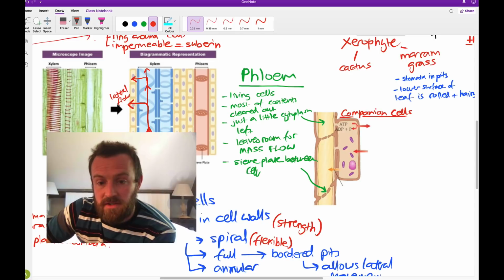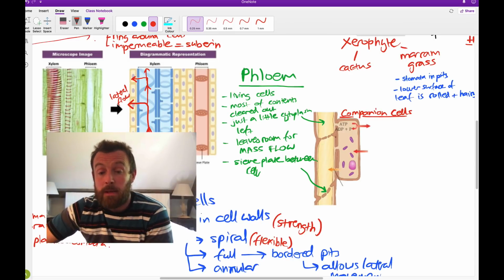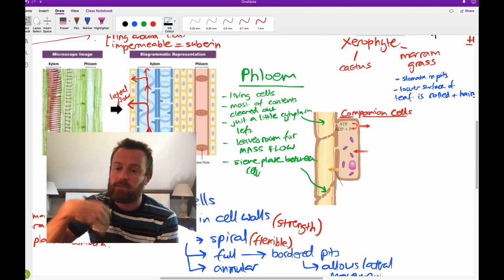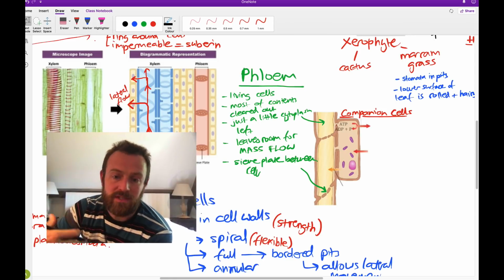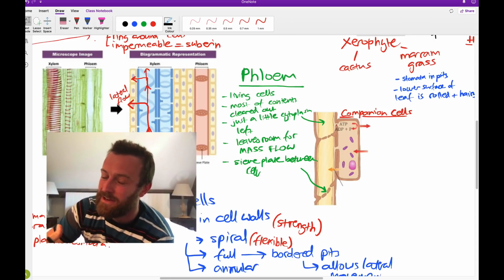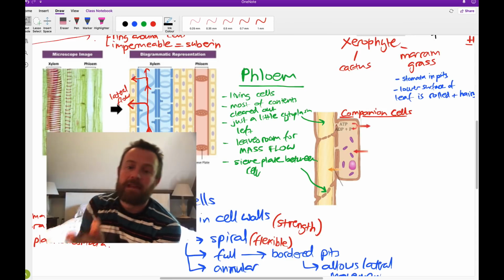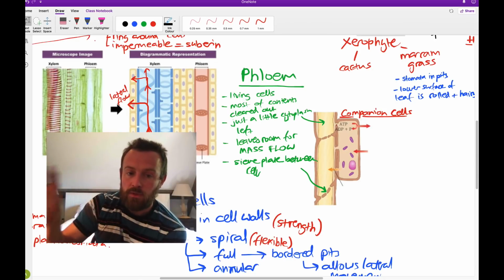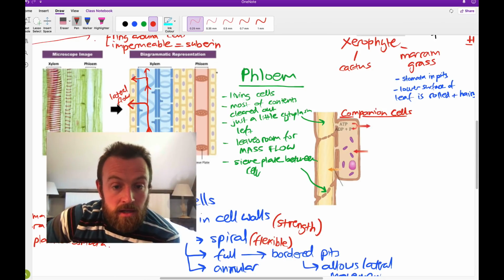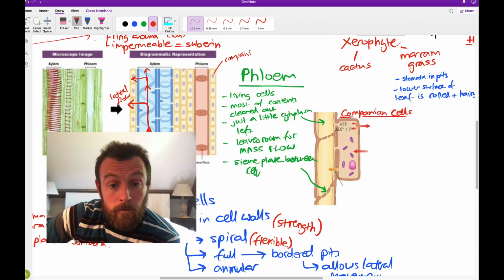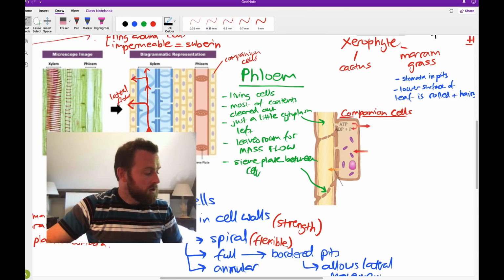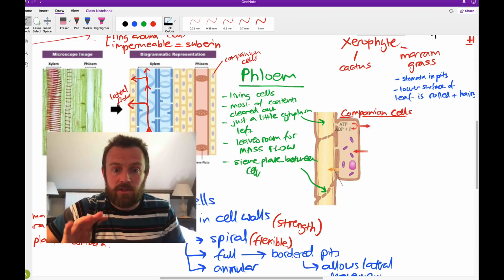The companion cells and the phloem cells are connected by these plasmodesmata. So the companion cells are doing all the protein synthesis, all the respiration, all that stuff to support their neighboring phloem cells. All these cells here, actually around, would be companion cells as well. So I'll label that next to the phloem.